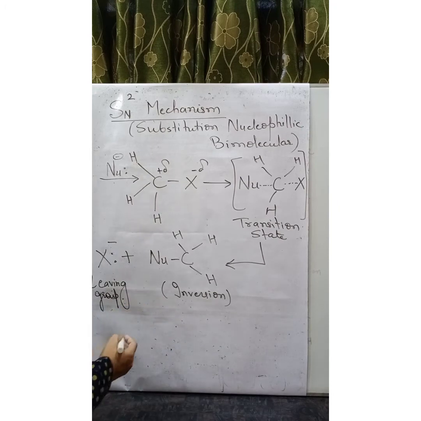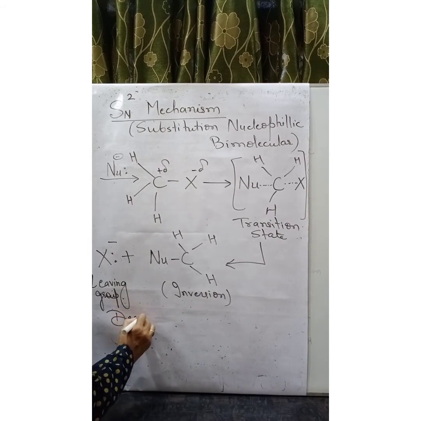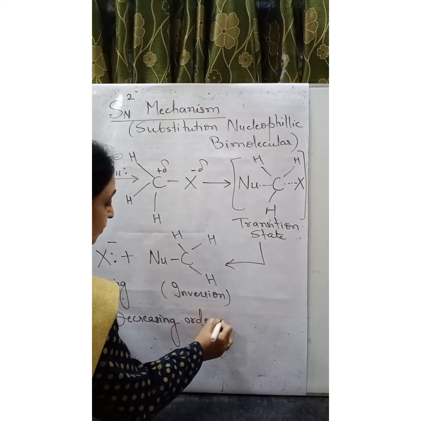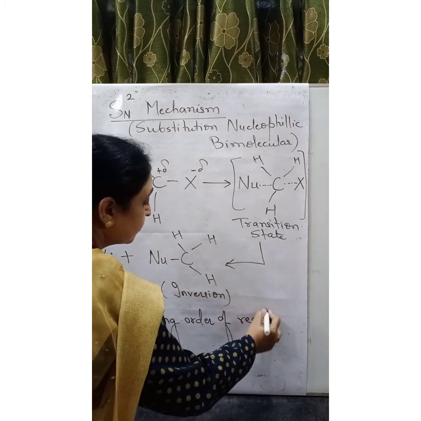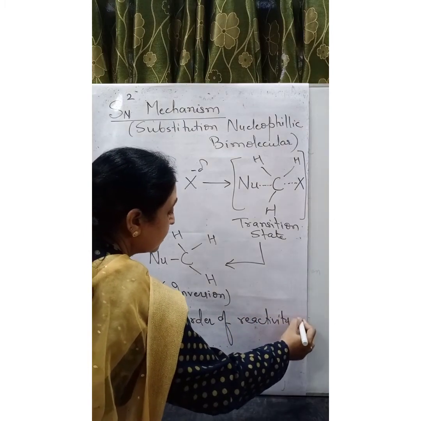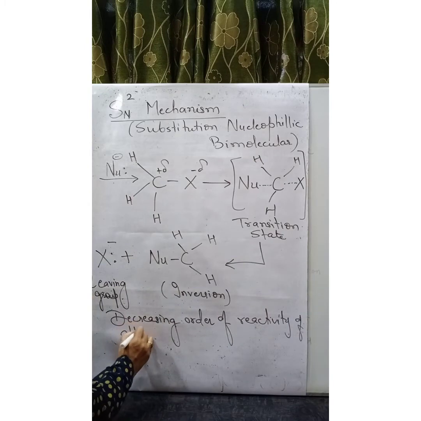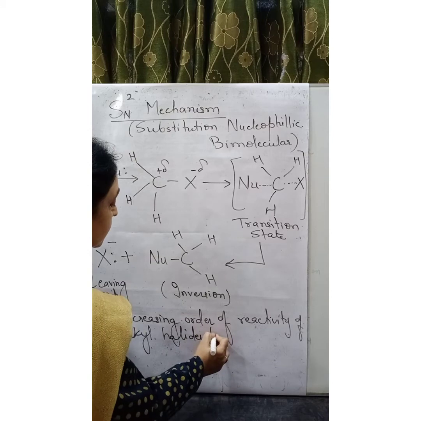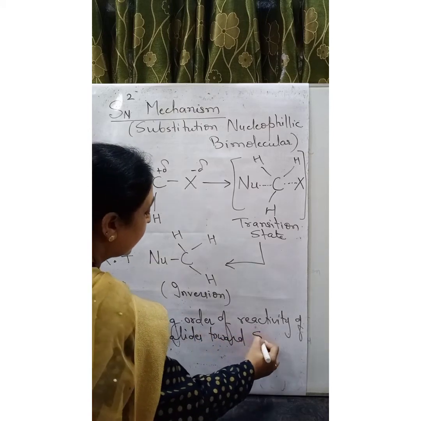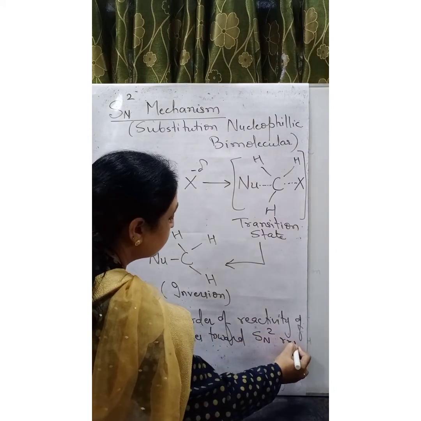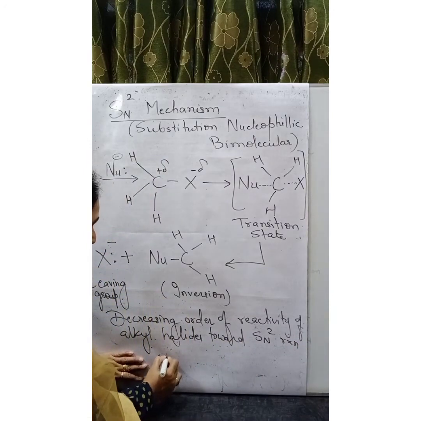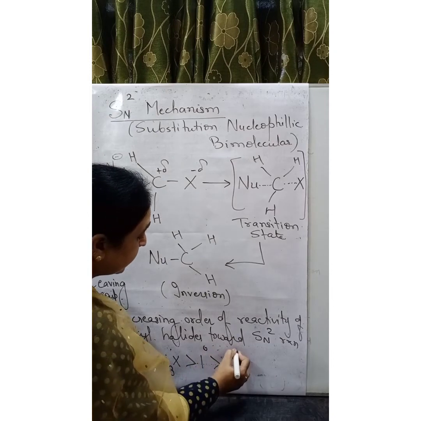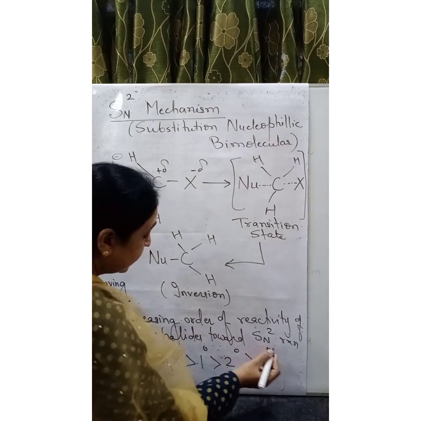The decreasing order of reactivity of alkyl halides towards SN2 reaction is CH3X greater than 1 degree, greater than 2 degree, greater than 3 degree.